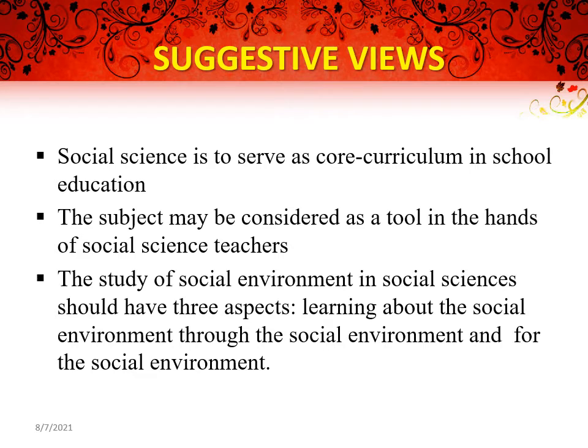The study should also aim at enabling him to see the present in the perspective of past environments. The study of social environment in social sciences should have three aspects, namely learning about the social environment, learning through the social environment, and learning for the social environment.